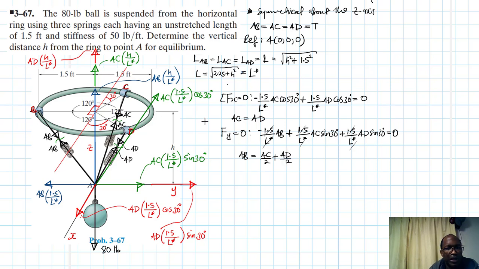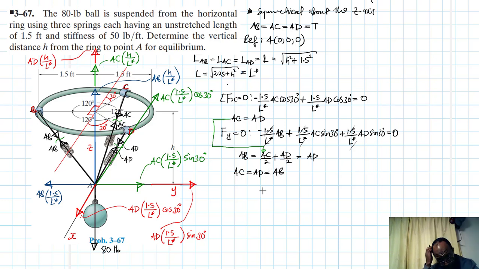But we know that AC, we have to replace AC there, and this just becomes equal to AD. Therefore we have proved that AC is equal to AD, which is just equal to AB.